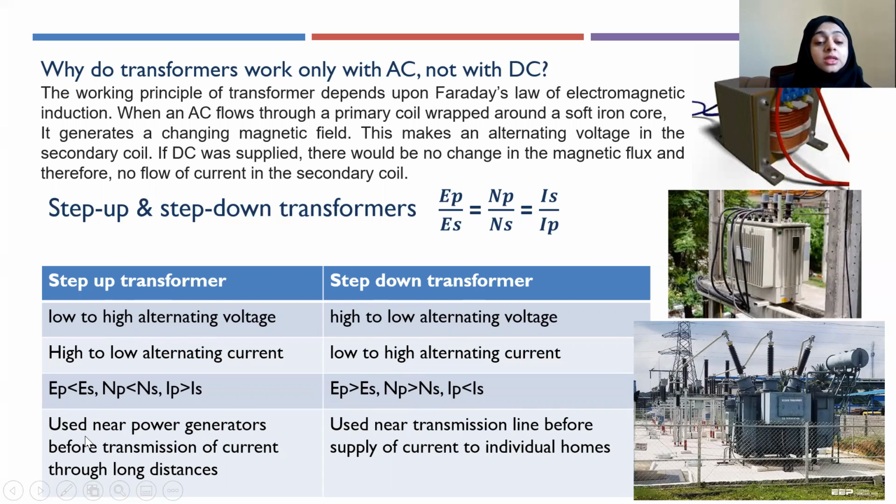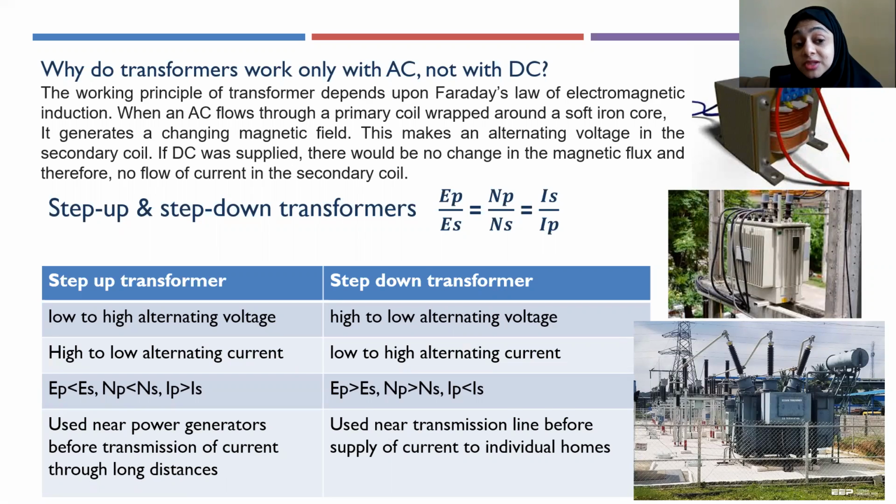Usually, when current or voltage is developed in a power generating station, it should be transferred through a large distance before it is distributed to different homes, factories, etc. So this current will travel through wires for a large distance.